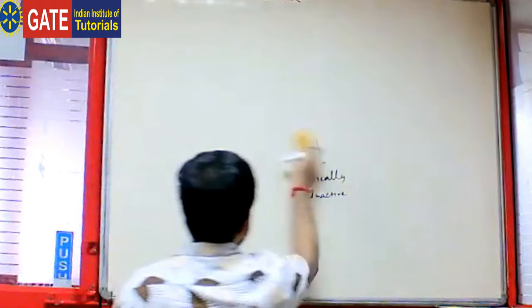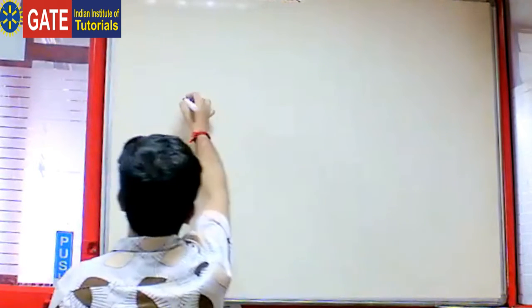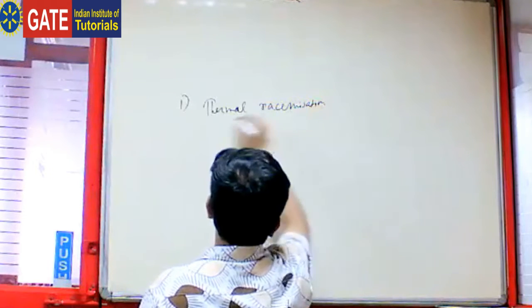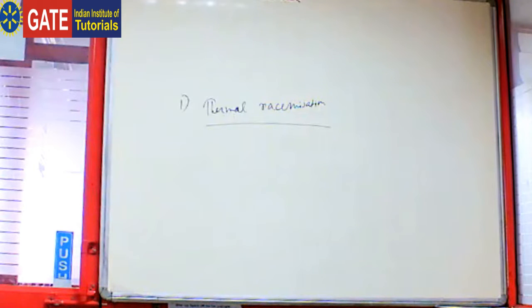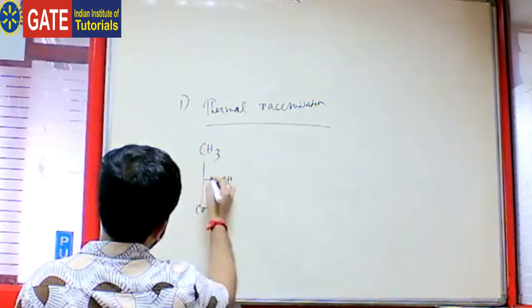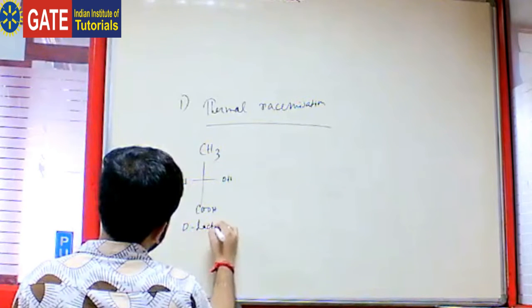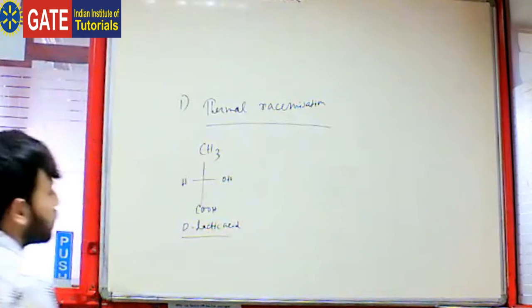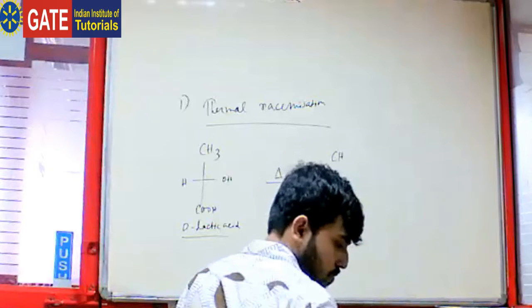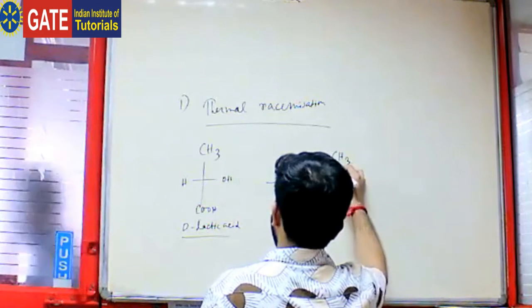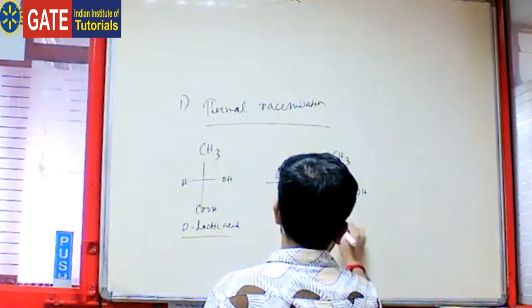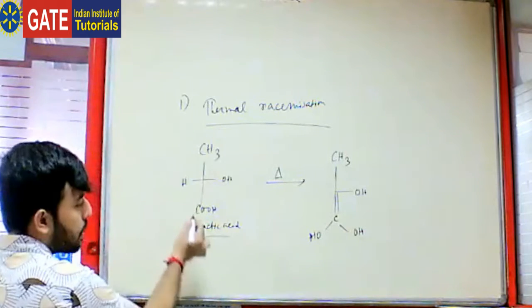First one is thermal racemization. If I tell you this is D-lactic acid, then if you heat this molecule, understood what is actually happening?